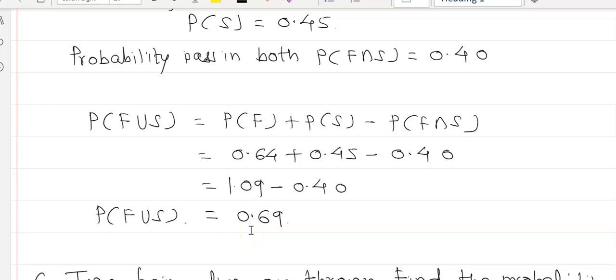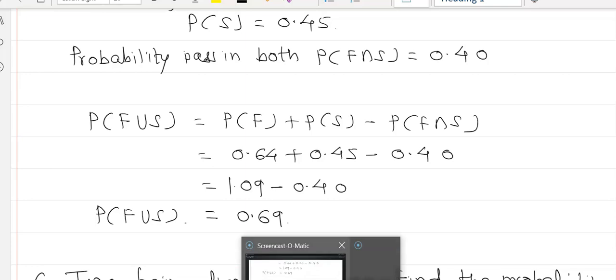Now we'll start the next problem, that is problem number 6.